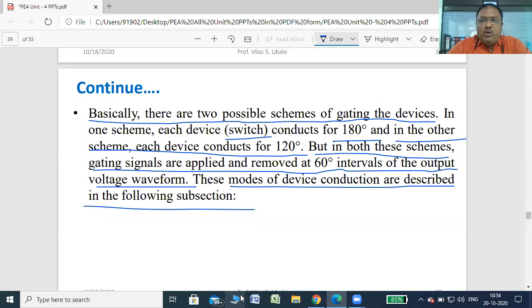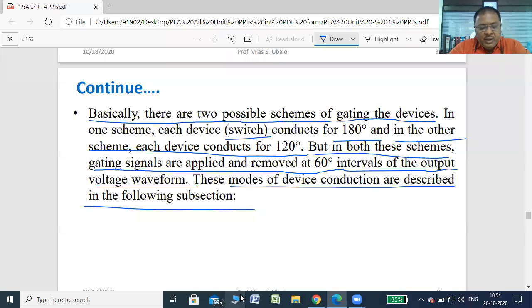In both these schemes, the gating signal applied to the devices is removed at every 60 degrees. It means that one device turns on, another device turns off, and so on. The gating signals are applied after every 60 degree interval.